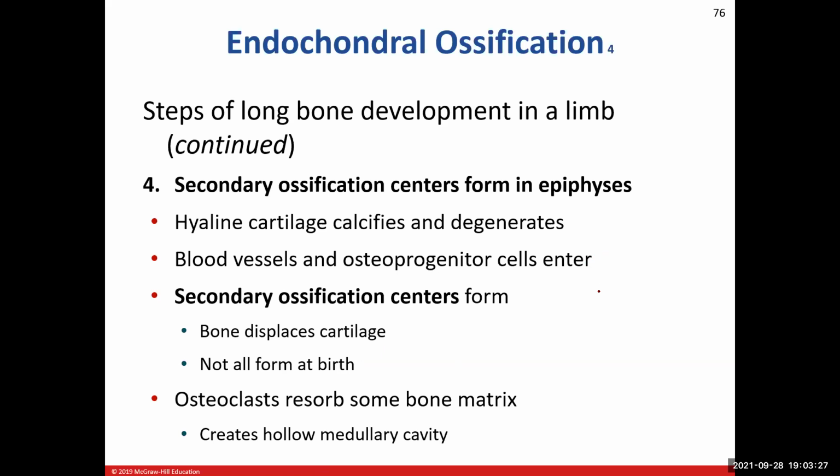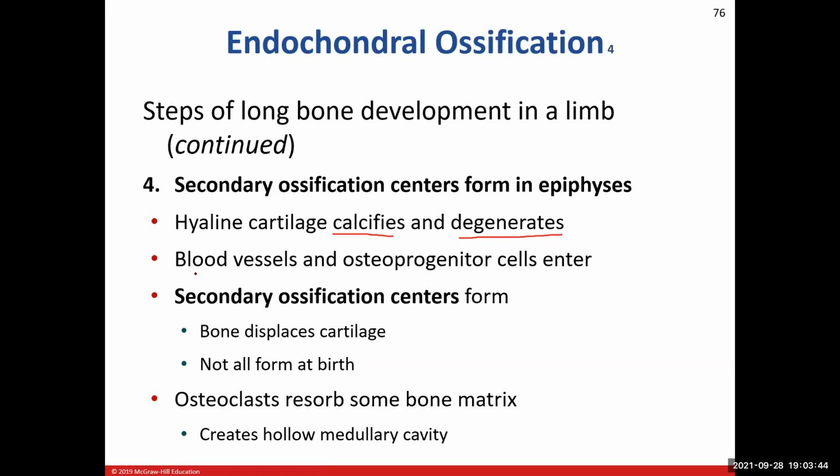So same scenario, that hyaline cartilage that used to be there is going to calcify. And as a result, the chondrocytes die and that tissue degenerates. So we start to get hole formation occurring.